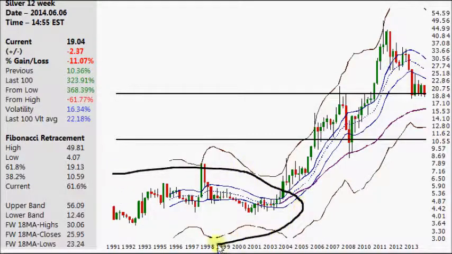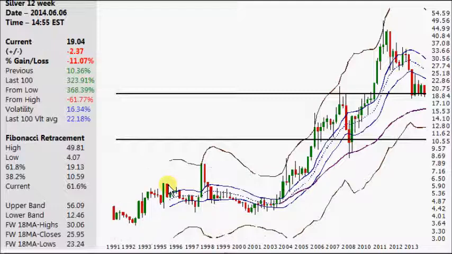Same thing with the other metals, a lot of sideways action throughout the 1990s, as well, of course, as the 1980s. And then, of course, a breakout occurring in here. The Fibonacci retracement that I use is from the $4 lows, which is right here. I'm using these lows over these ones because the breakout occurred within this point.